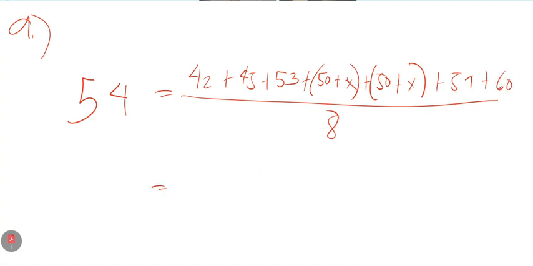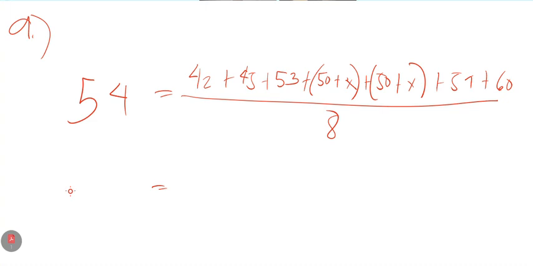To solve for x, let's multiply both sides by 8. That gives us 54 times 8.